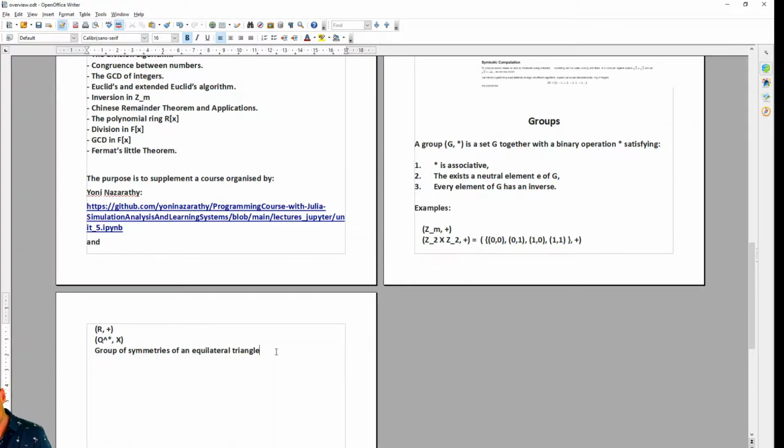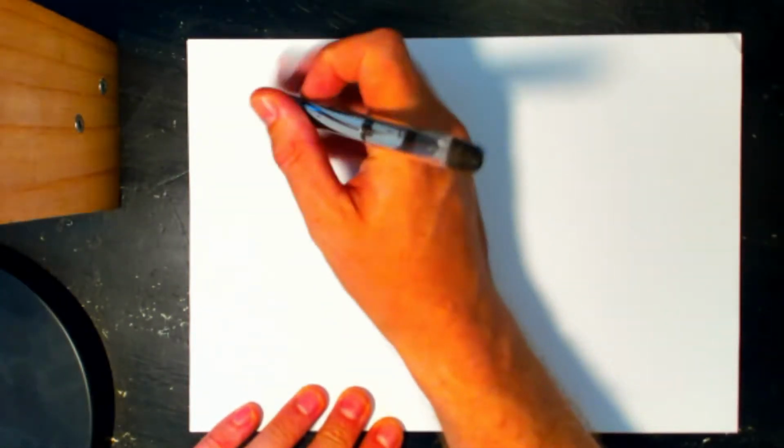And then if I feel it's warranted, then we'll talk about the isomorphic group of roots of a cubic polynomial under permutation of the roots, because it also has the same structure as a group of symmetries of an equilateral triangle. Okay, so let's begin with our first example here.